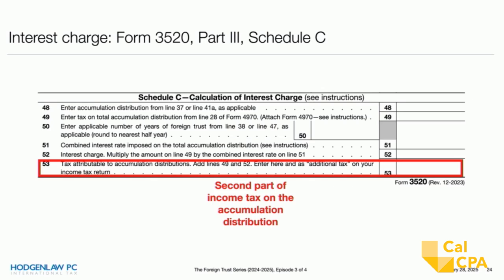If the trust happened to be in existence in 1981 and accumulated some income, nobody's going to have this. And just think of the brain damage that you as the preparer would have to go through to go back and do all of these calculations. So that's why the weighted average calculation applies.